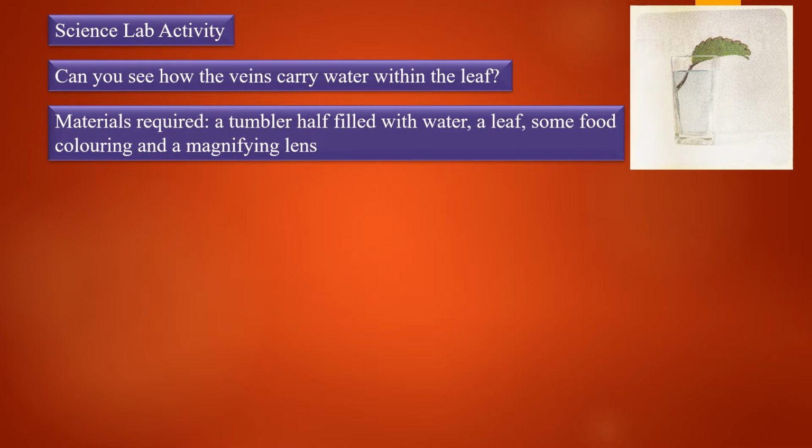Materials required: a tumbler half filled with water. You can take a glass. A leaf, some food coloring, and a magnifying lens. What does a magnifying lens do? Through it, very small things can be seen. So these are the things you have to take.